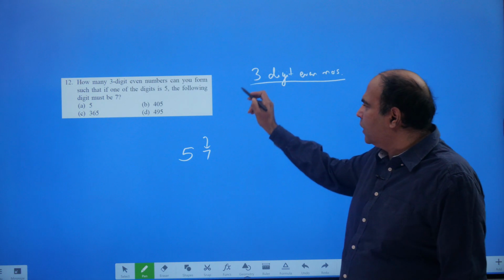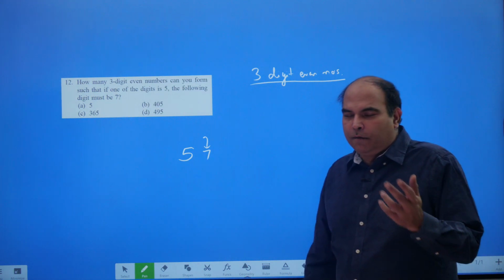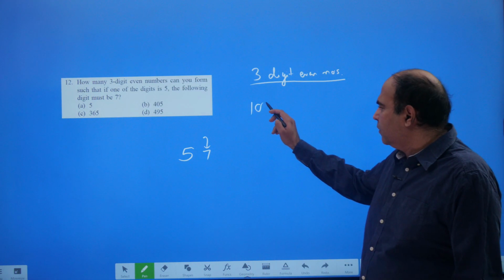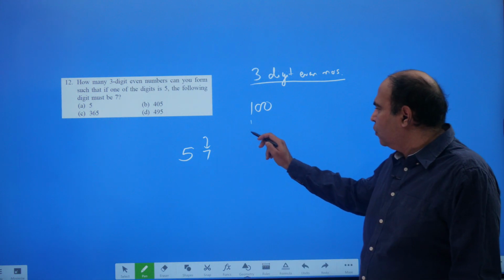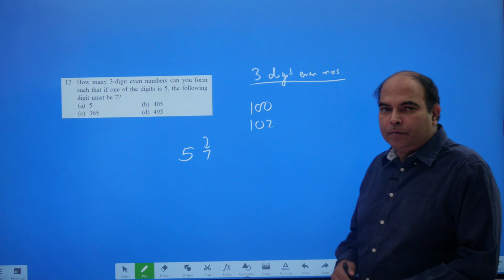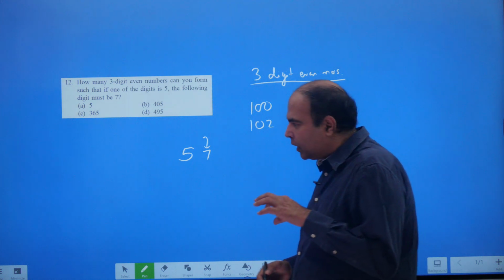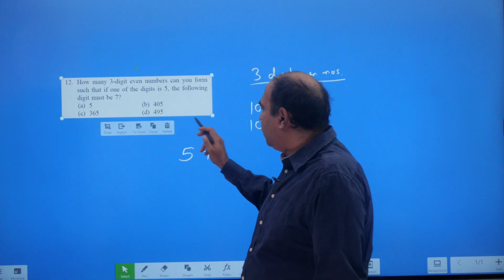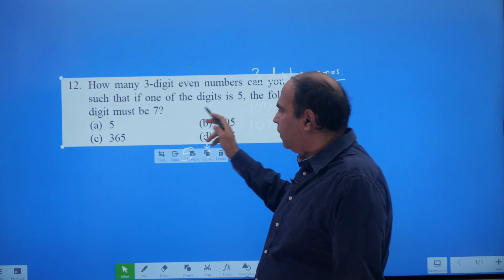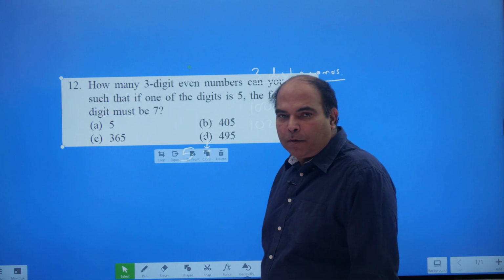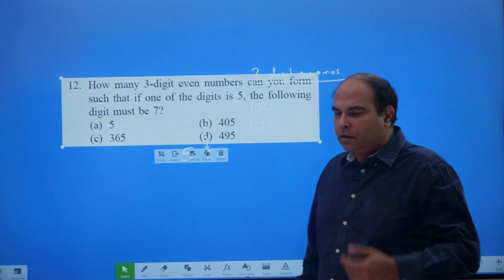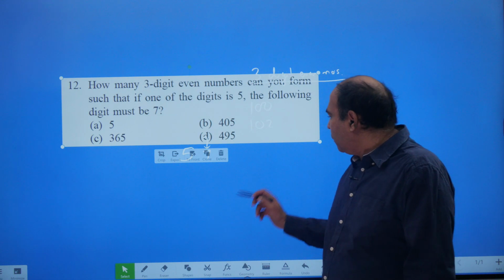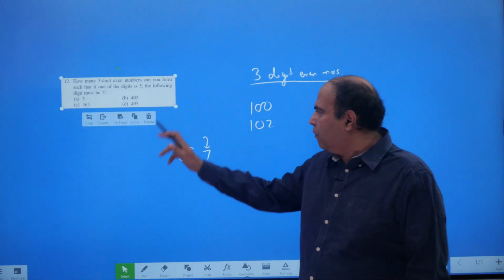Three-digit even numbers start with 100, 102. There is no problem in these numbers. The question just tells me one condition: if one of the digits is 5, the following digit must be 7. But if one of the digits is not 5, there's no constraint. So I need to work on all these numbers.